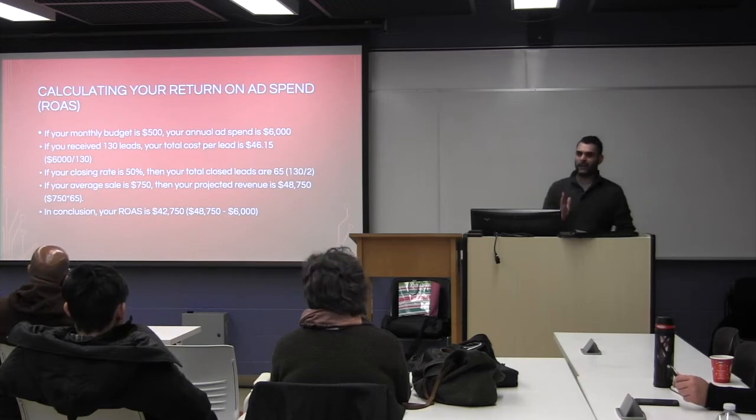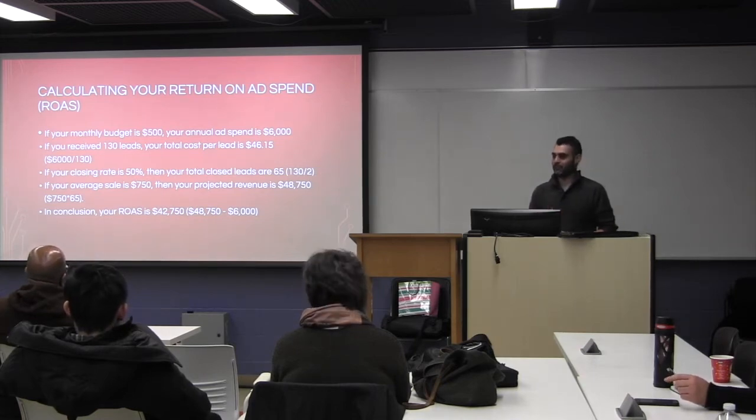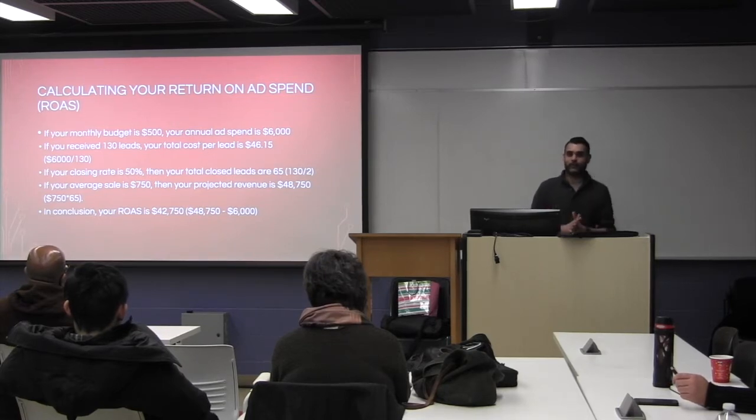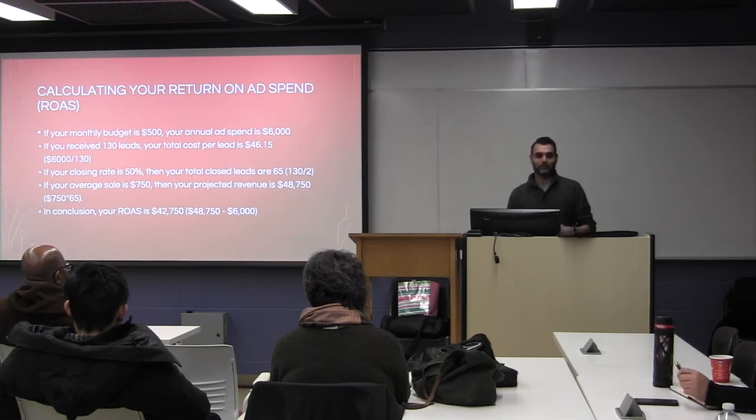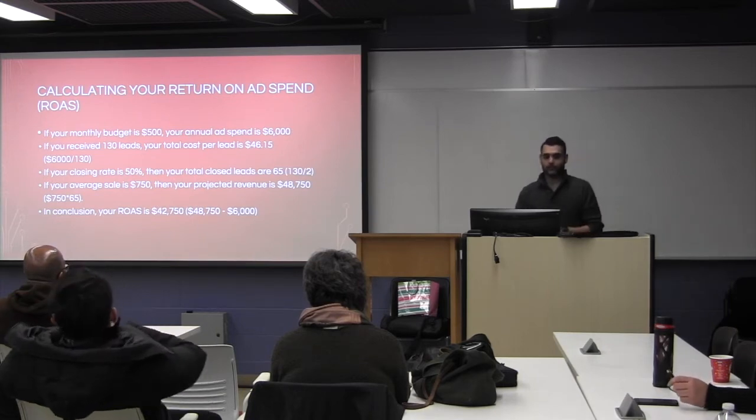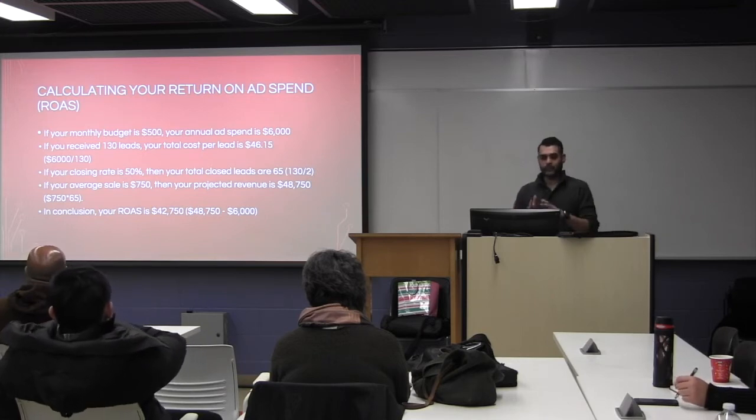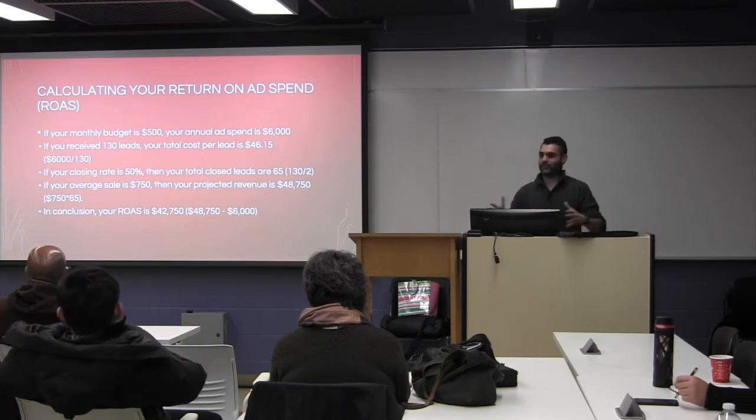They can spend $500 a month, but it doesn't mean they're going to close all the leads that month. They have to be able to take a loss. If you're afraid to take a loss the first month, then this is not for you. You have to be able to take some bumps along the way because you have a lot of competition. So if your budget is $500 a month, your annual budget is $6,000.